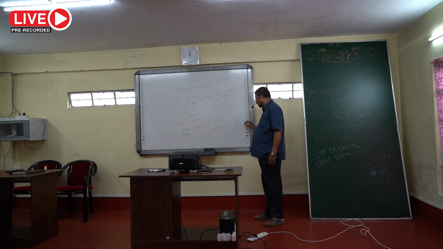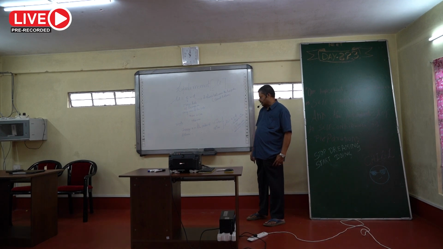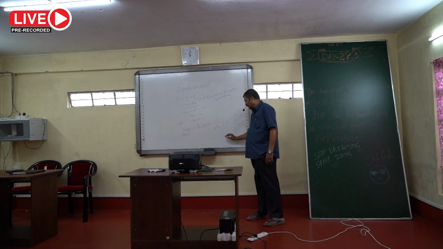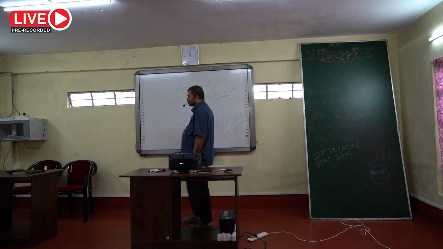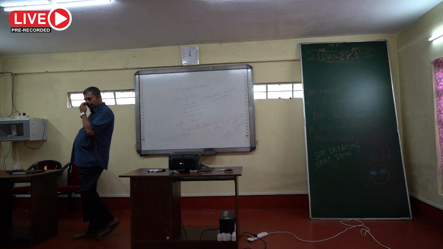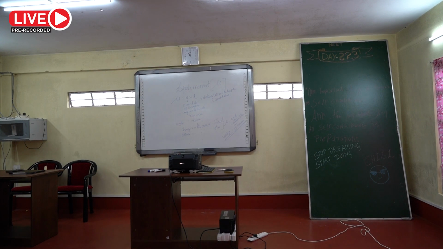This 10 power minus 18 electrostatic unit centimeters is called 1 Debye. Debye is also a unit of dipole moment. 1 Debye is equal to 10 power minus 18 ESU centimeters.